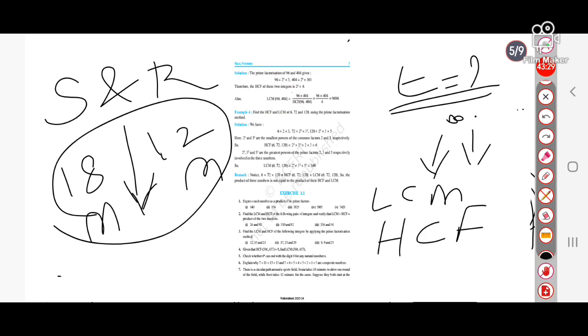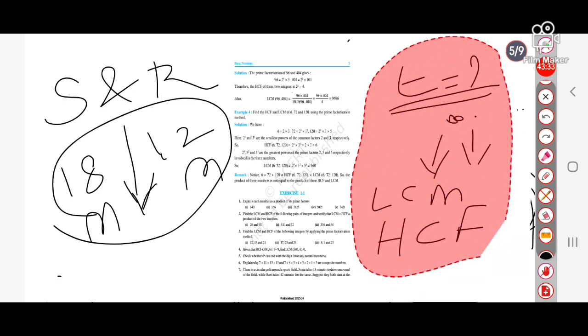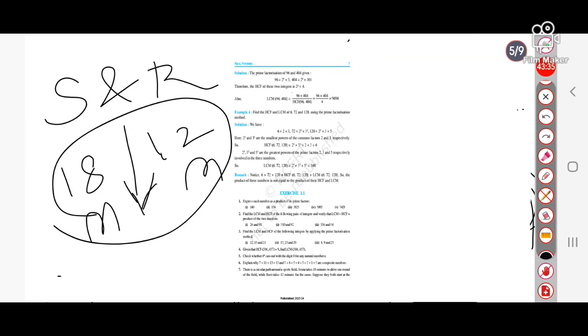No other way, we have to go with LCM to find the time they are asking. So we need to do LCM of 18 comma 12.